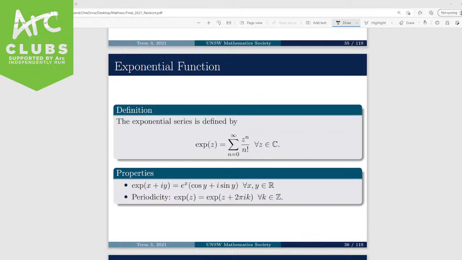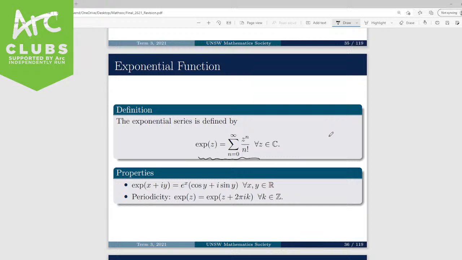But going over today, starting with the exponential function, we have the lovely definition, which you should be suspiciously familiar with. It's just the usual Taylor series of the exponential, but it works for complex as well. We got some properties.